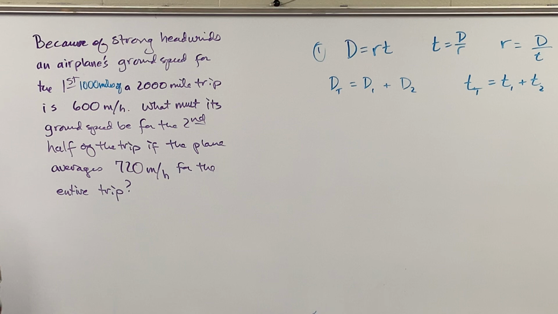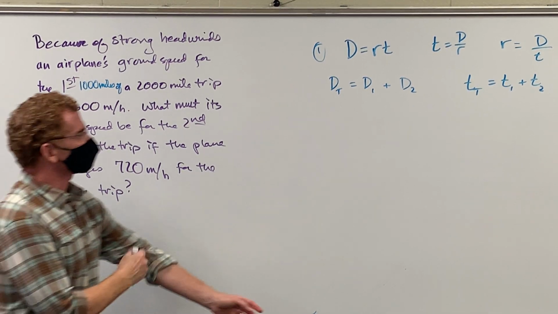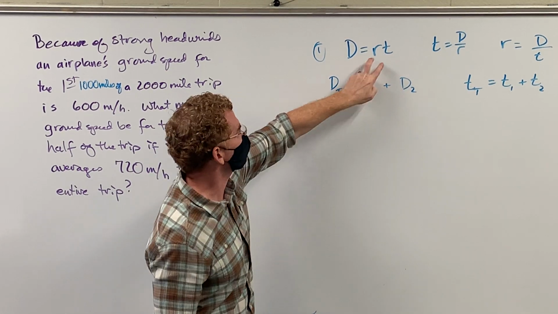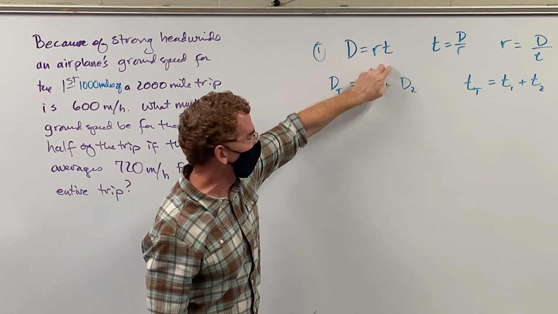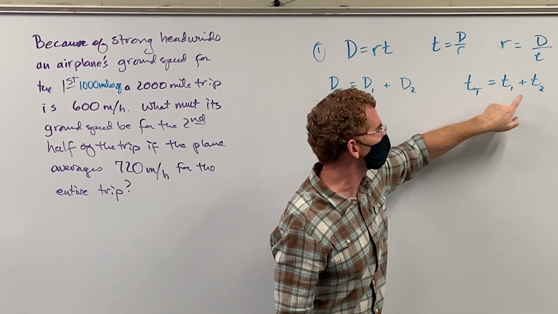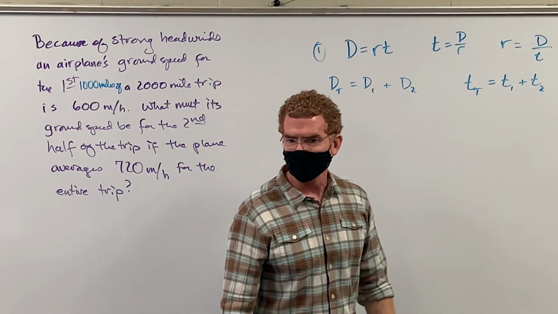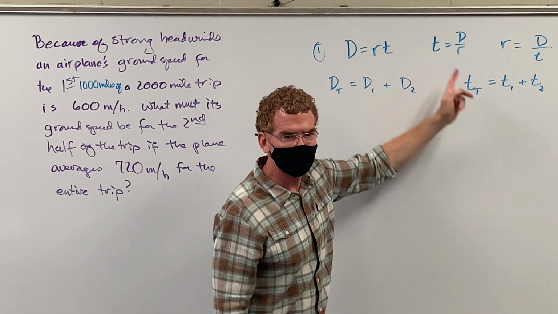Remember that? And then, if I really need to, I can replace these D values, if I don't know them, with our T values. I can replace these T values with D over R values, if I need to, because they're equal, right?